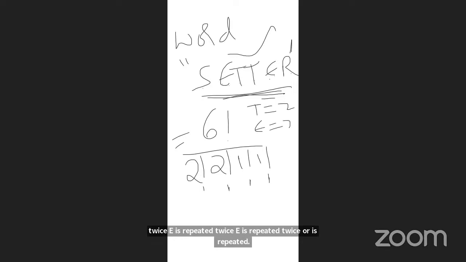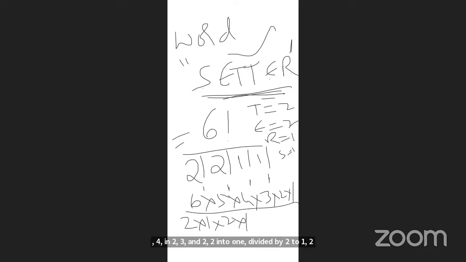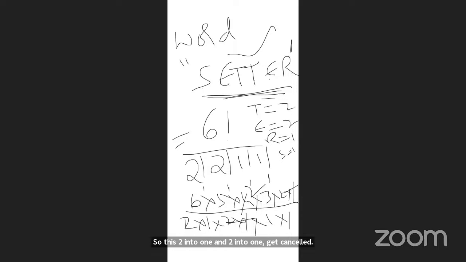So now this is 6 into 5 into 4 into 3 into 2 into 1 divided by 2 into 1, 2 into 1, into 1 into 1. So the 2 into 1 and 2 into 1 get cancelled. Now 2 fours are 8, so 2 into 2 is 4.